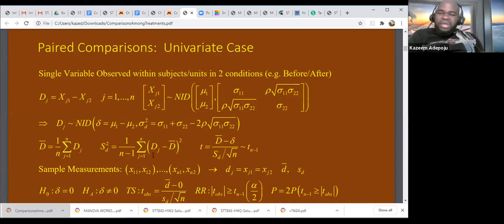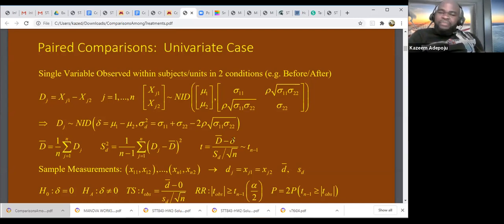Okay. And if I want to test a hypothesis about the value of the mean of the difference, maybe I want to test that the mean of the difference is equal to a hypothesized value. The hypothesized value is theta.